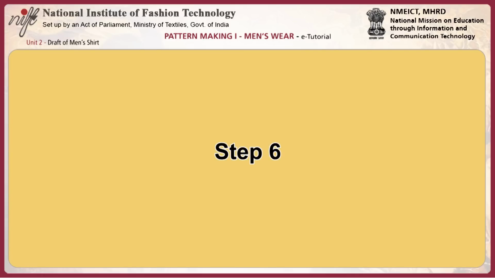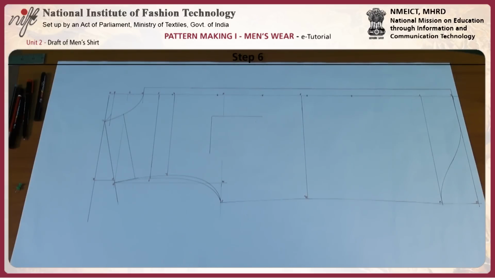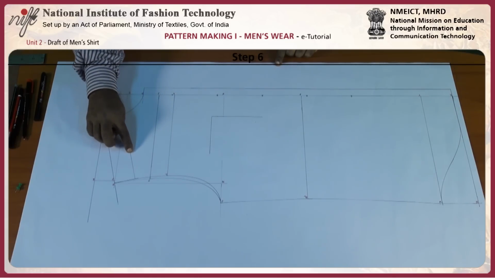Moving from step 5 to step 6. Step 6 completes the diagram of the front pattern, yoke pattern and back pattern as I have told in my introduction. In step 5, I have done the extension for overlapping, button placement and the overlapping portion from the natural shoulder to front.